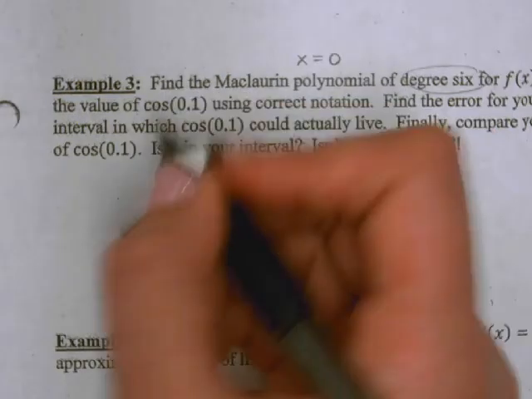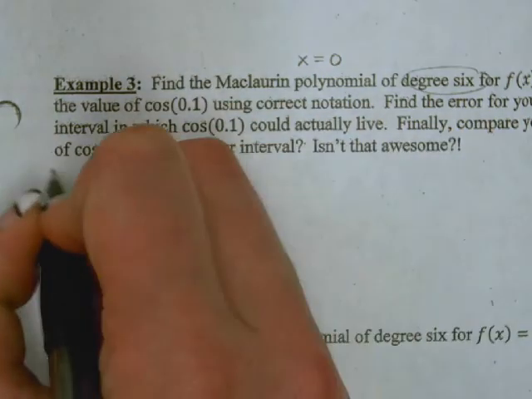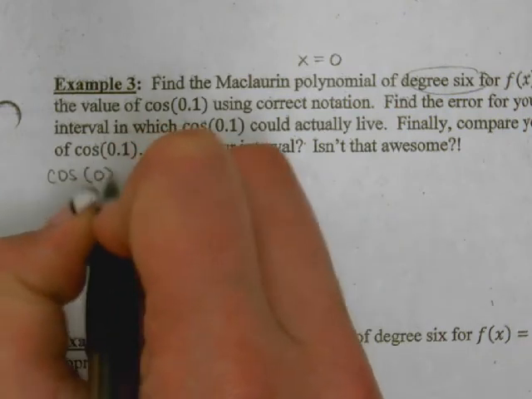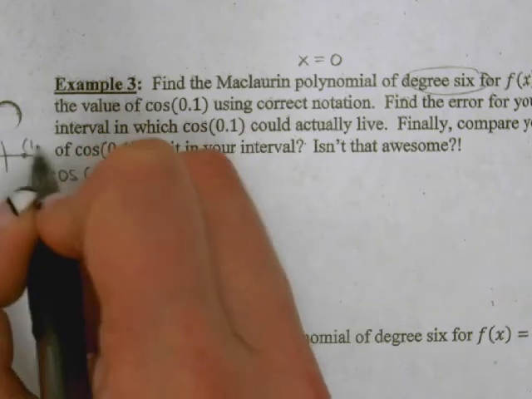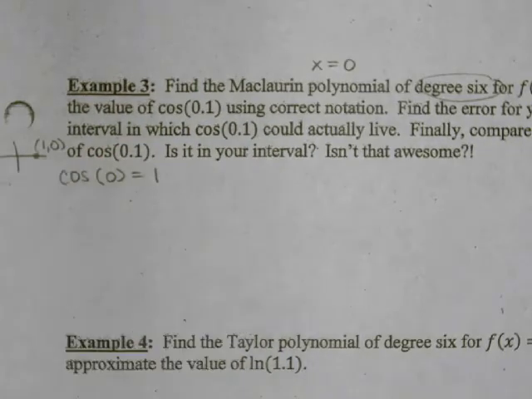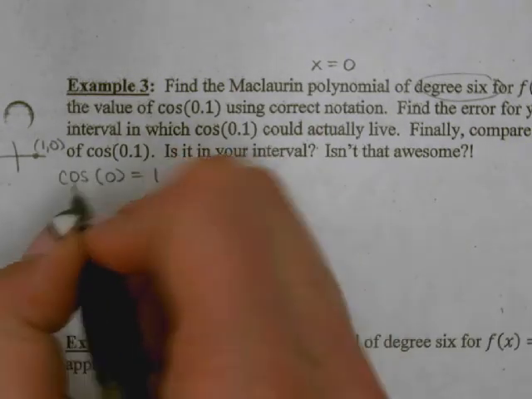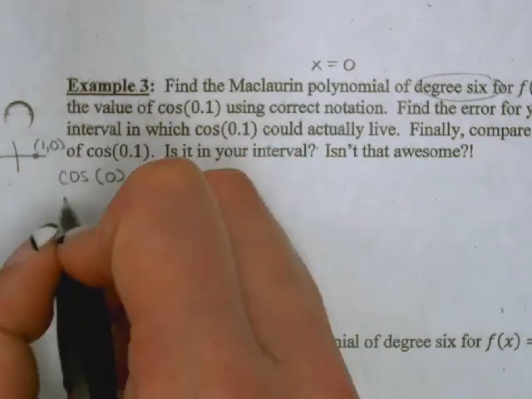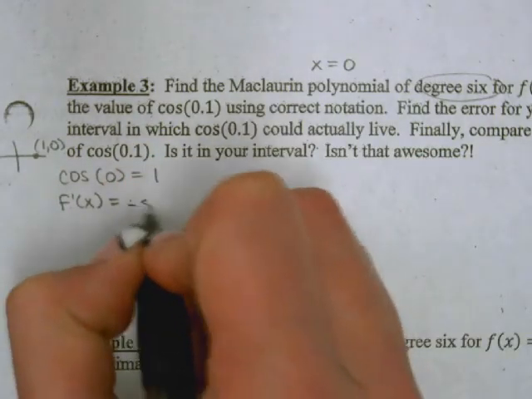So first I'm going to say that cos evaluated at 0 is 1. I know that because, again, of that unit circle. Looking at when you have 0 for your radians, then your x-coordinate right there is 1. And now I can go ahead and I'm going to find my 6 derivatives. So the first derivative is negative sine.